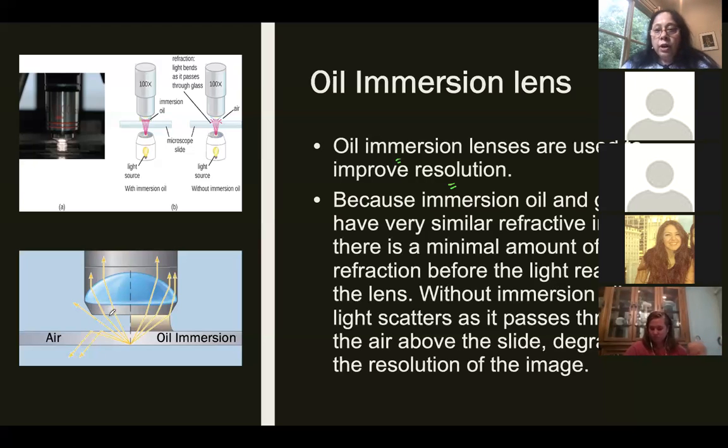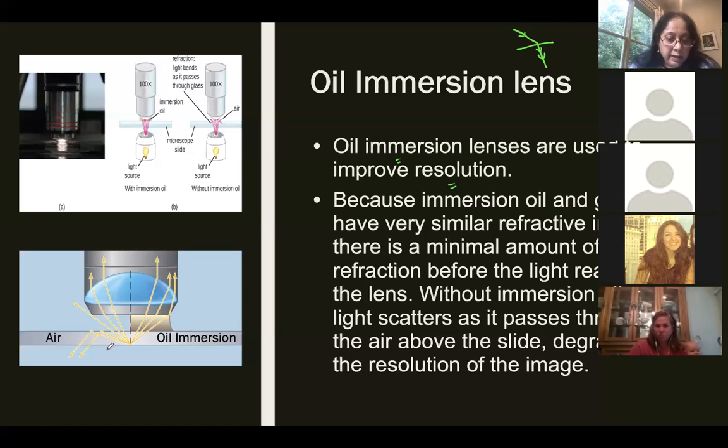Okay, so remember when I talked about refraction, I told that when light moves from one media to another media, it actually changes its speed. Okay, and that's the characteristic feature of light. It changes speed means it actually changes direction.